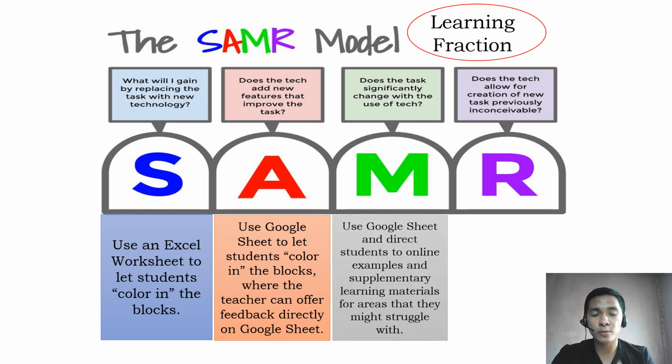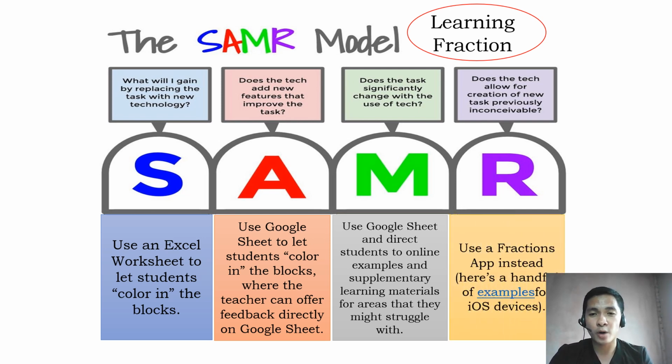For the modification part, still they will use Google Sheets and direct students to online examples and supplementary learning materials for areas that they might struggle with. They can research via Google or any virtual online learning platform to answer their work. For the redefinition part, they're going to use a fraction application instead of the traditional paper and pencil test.